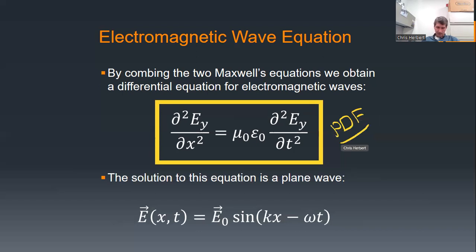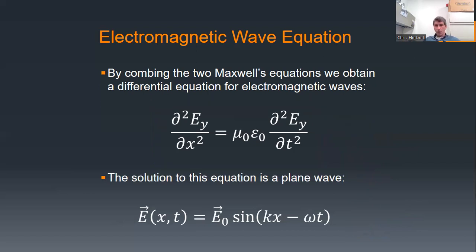Basically, these are the rules, okay? How do we play by the rules? We come up with a solution. And the solution, which is really the important part of this section, is this equation right here, okay? Now, this you should be familiar with from physics 2, where we went over waves.